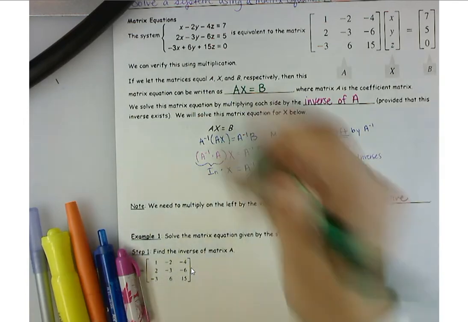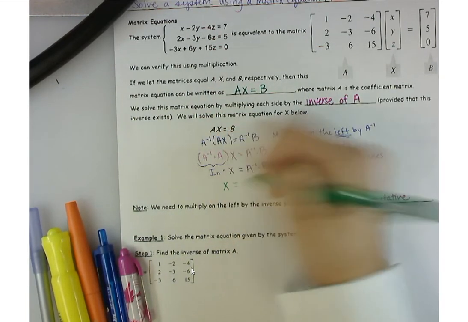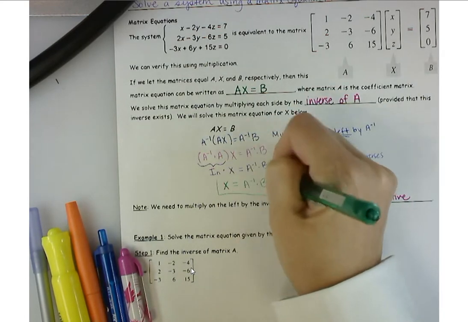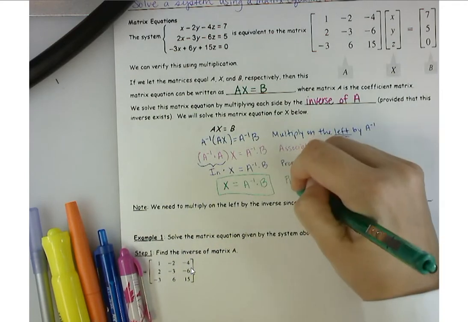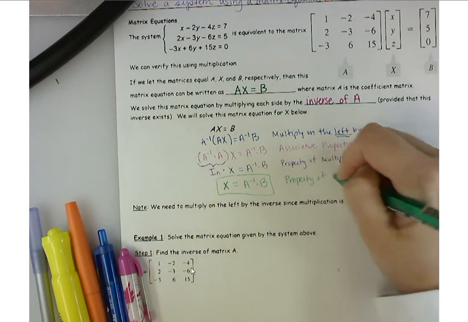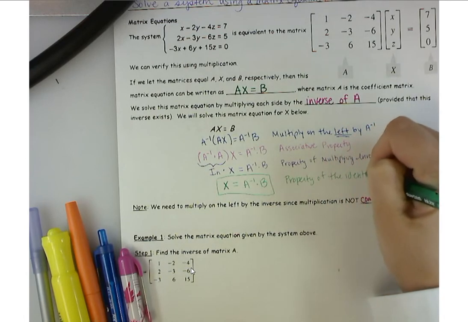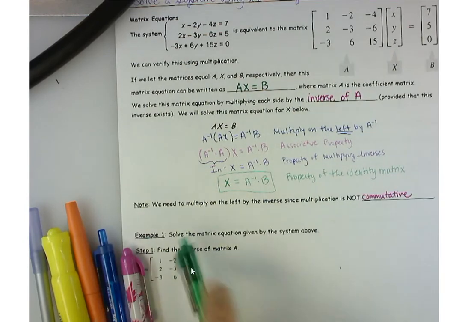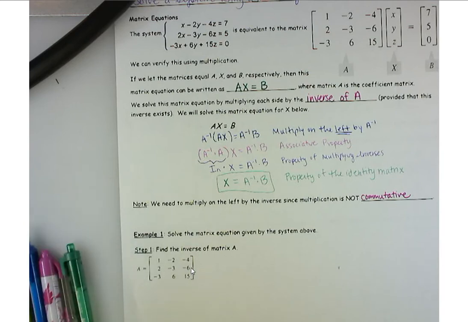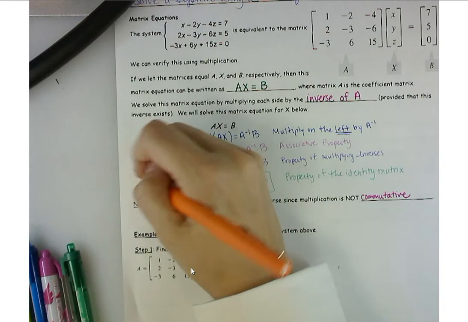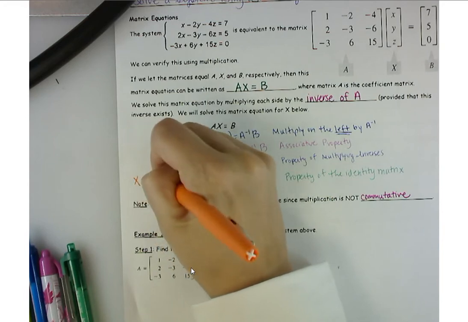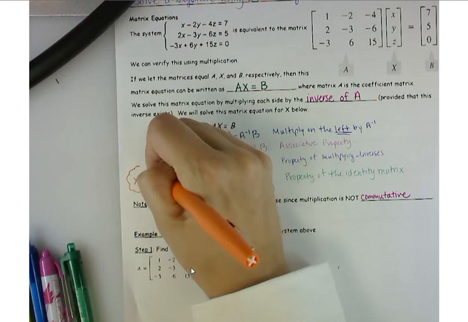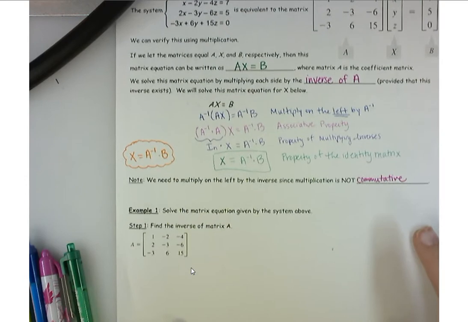Okay, so x is going to equal A inverse times B. And that's just by the property of the identity matrix. Okay, so what we just showed is that x is going to be equal to the inverse times b. Okay, so we're going to use this today to solve matrix equations.